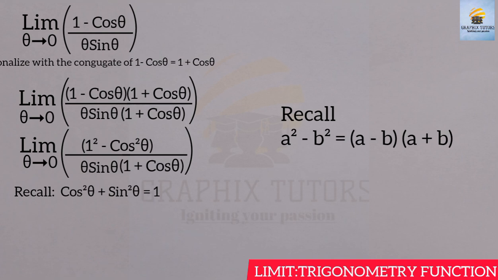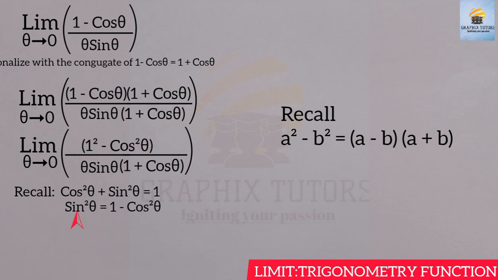Now, if I make sin square theta the subject of the formula, I'll be having sin square theta is equal to what? 1 minus cos square theta. And we know 1 is the same as 1 square. Now, what do you notice? The numerator here is similar to what I'm writing here. So whenever I want to write the numerator, I'm going to replace 1 minus cos square theta by sin square theta, right?